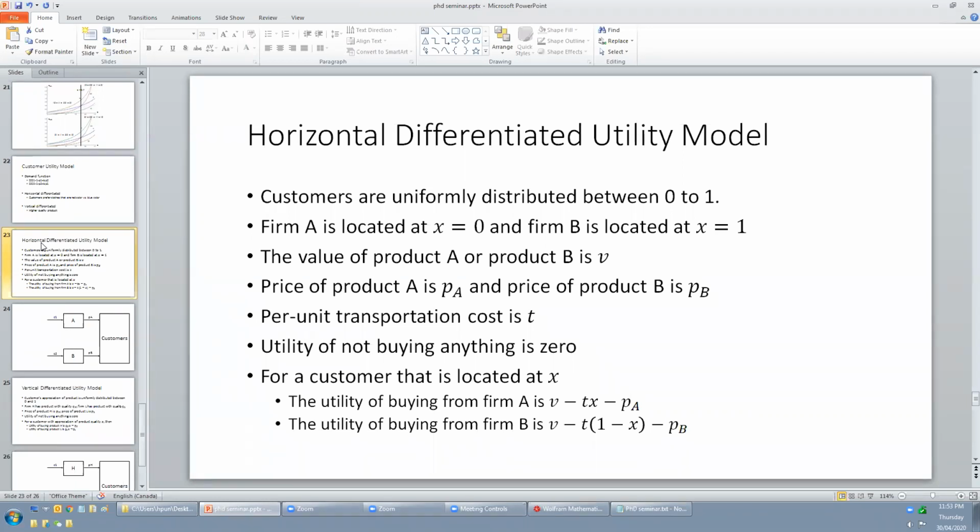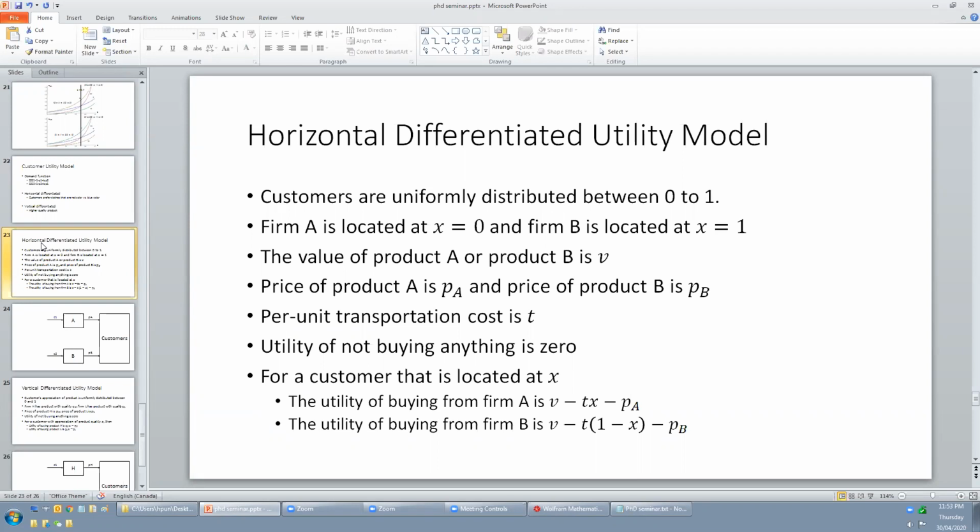Firm A, located at x equals 0, is selling bottled water at PA. Firm B, at x equals 1, is selling the product at PB. The customers are living between the two supermarkets, so they need to get to the supermarket by taking a taxi.